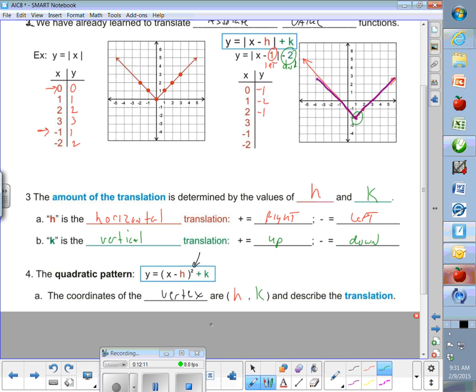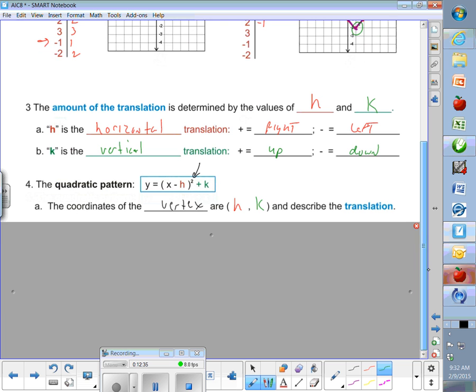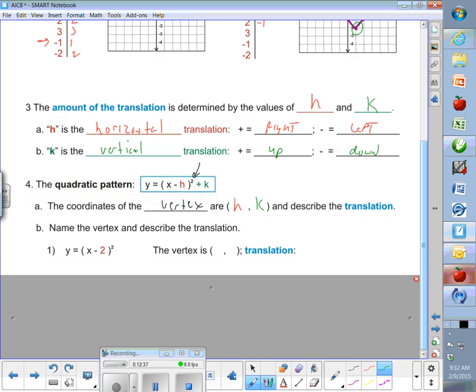Isn't that right there, 1, negative 2? By the way, the original to the left, if we wanted to write it fully out, we could write it like this. The absolute value of x minus 0 plus 0. Isn't the vertex of the first one at 0, 0? But we don't bother writing zeros, do we? We don't. So HK is the key. It gives you the vertex, and that's a key point.